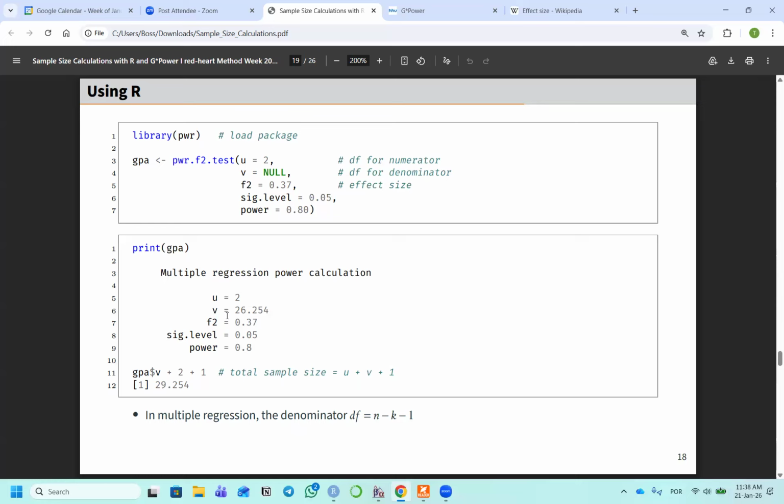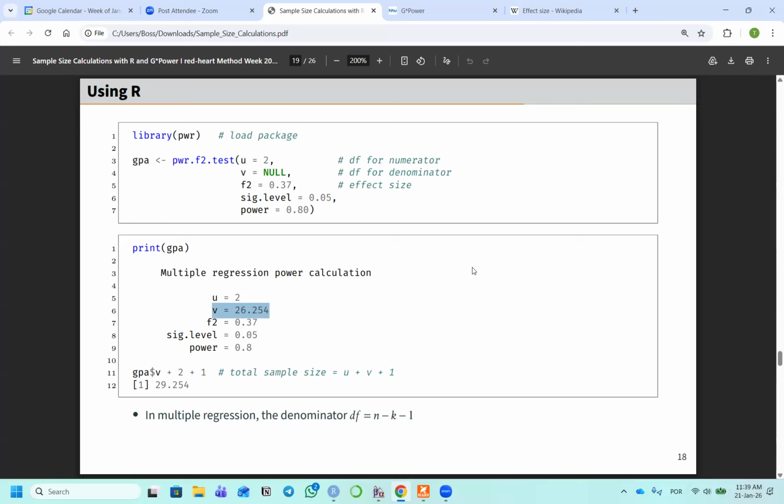Here, where do I get my sample size for this case? If you see this number, which is 26, v is the degrees of freedom for the denominator. The degrees of freedom for the denominator is simply the number of observations minus the number of predictors included in the model minus 1.